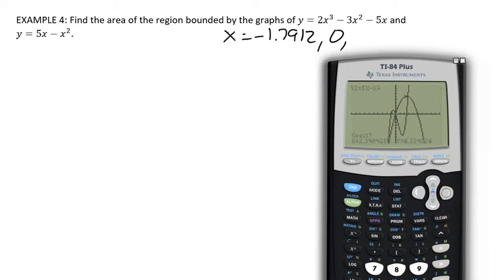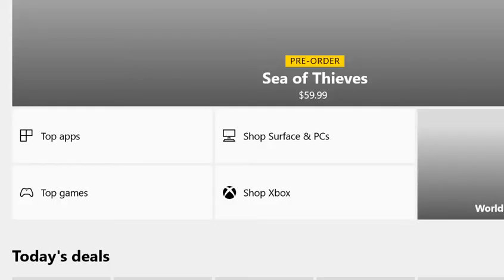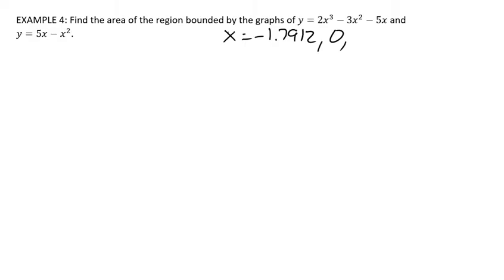Enter. 2.7912. Those are the intersections.